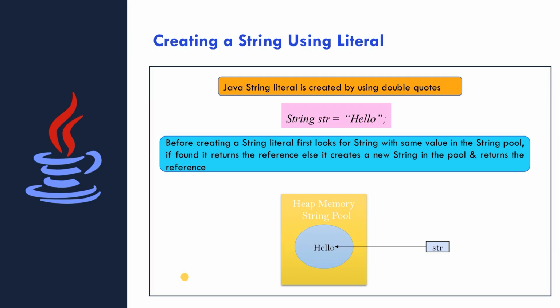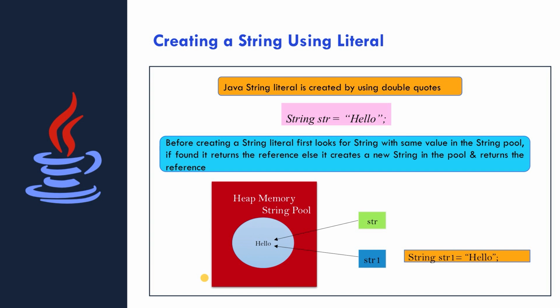Now at some point we want to create another string with the same value, let's say that will also be hello. So what happened? Before creating a string literal, first a lookup happens for the value in the string pool. If the same value is already available in the string pool, a new string will not be created. Rather, the reference of that string will be returned.